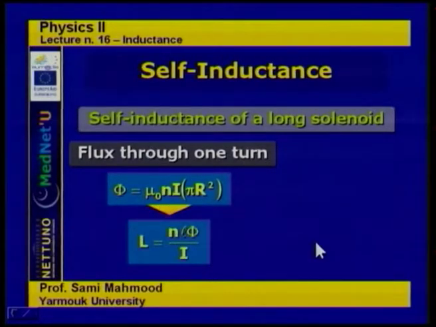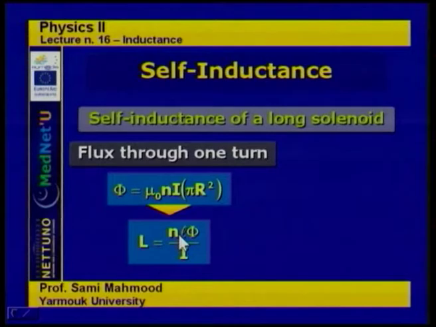But in order to calculate the self-inductance of the solenoid, that's equal to the total flux divided by I. And the total flux is equal to the flux in one turn times the total number of turns of the solenoid.